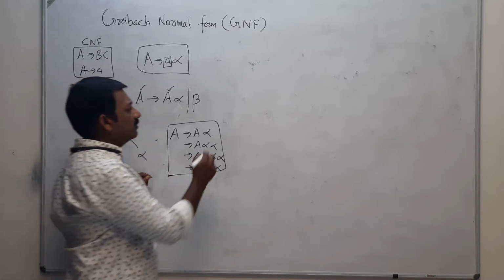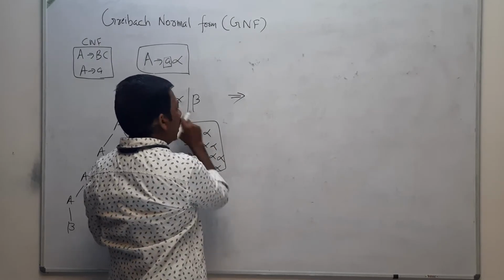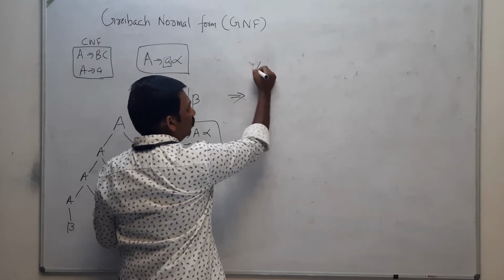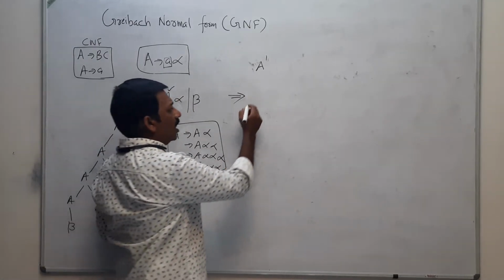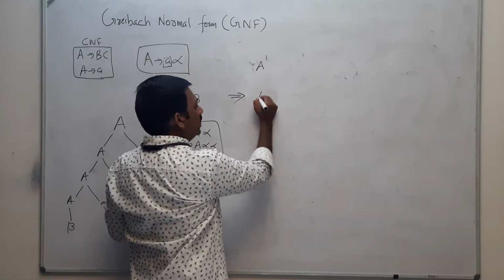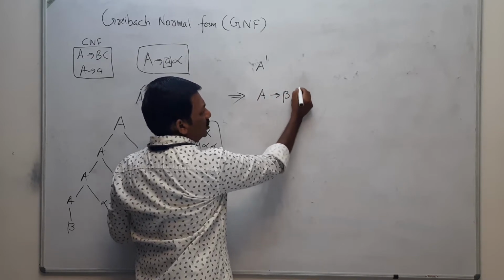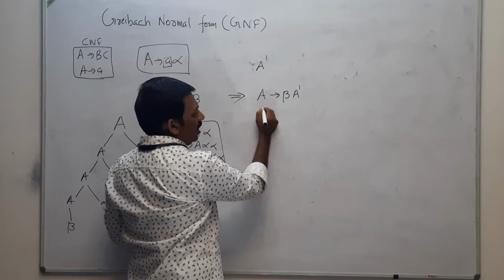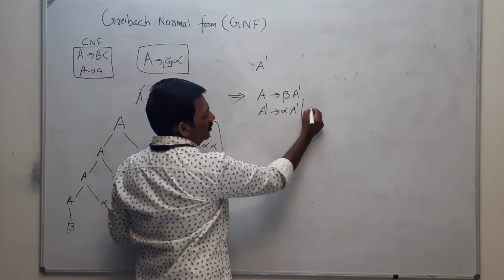Now, when I am replacing this, I am going to have a new variable called A dash, and I am going to have A derives beta A dash, and A dash derives alpha A dash or epsilon.